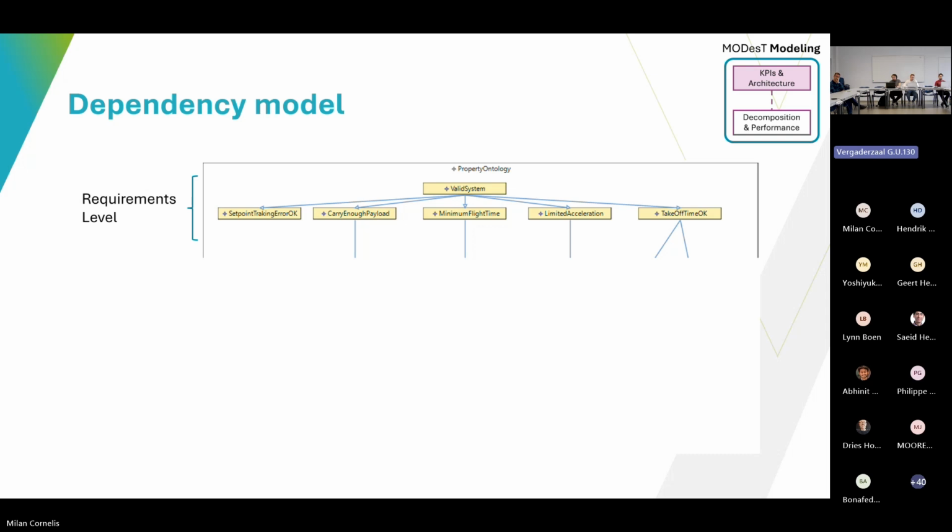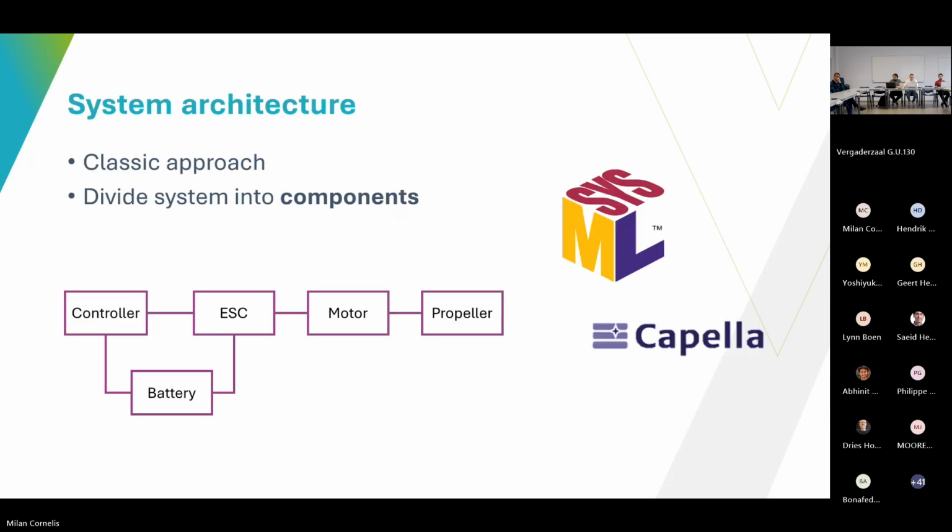Like, if we think about carrying enough payload, what does this mean? This means that the drone itself needs to have enough thrust. And what does this mean? You can refine it: you need a good thrust to weight ratio, powerful motors, and so forth. And these then can be our more refined properties at an architectural level that you can then evaluate, as we will see later on.